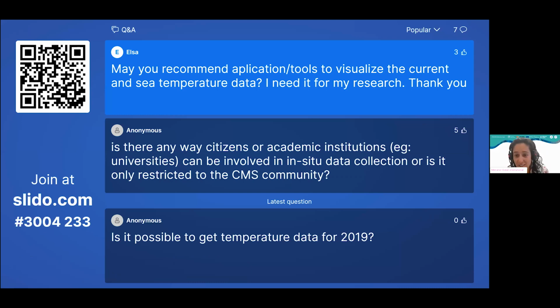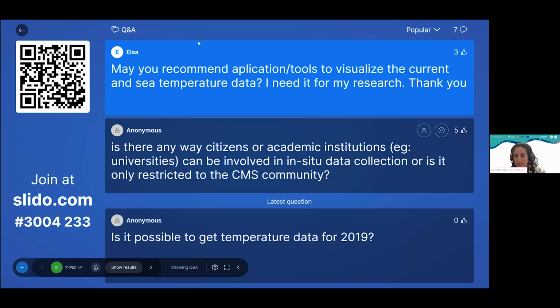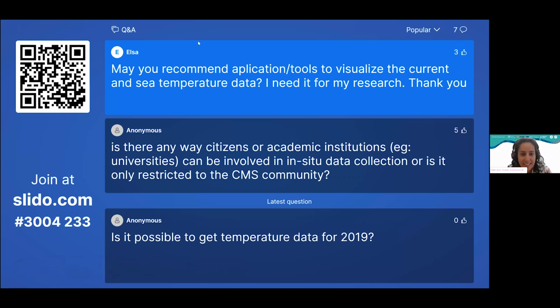If you're there, Fernando, it'd be cool to have your input on this question. If not, I have to admit, I am not sure if there is already this possibility for other institutions or even citizens to upload their data. I think it remains still restrictive. But well, we can wait if Fernando pops in later on, but we can pass on to the next question then. Excuse me. Oh yeah, you're there.